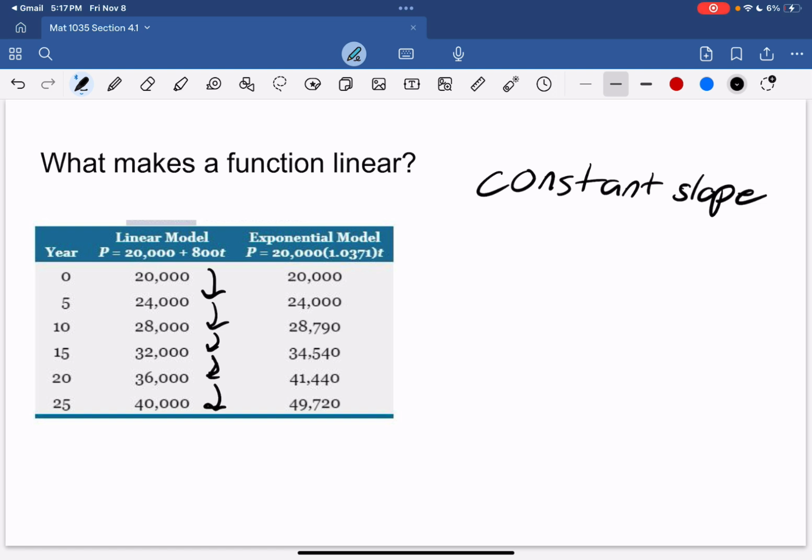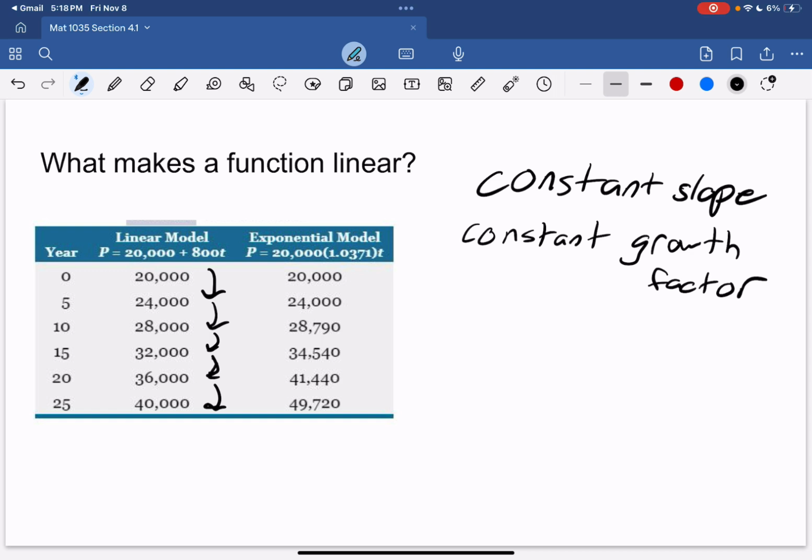All right. So to be exponential, that means we have what we would call a constant growth factor. And really we could just say a constant factor to generalize.